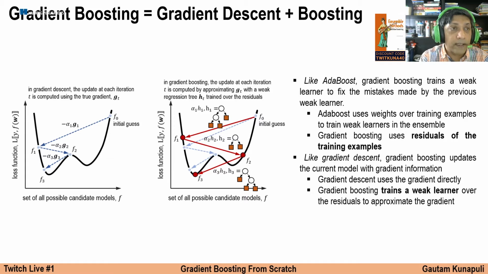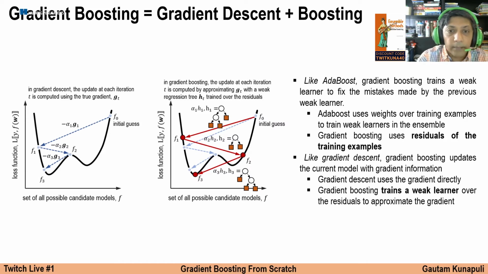And what gradient descent does is it sequentially updates your progress over this loss function profile. And so you can see now through these two that gradient descent and boosting combined together essentially give you a gradient boosting procedure.